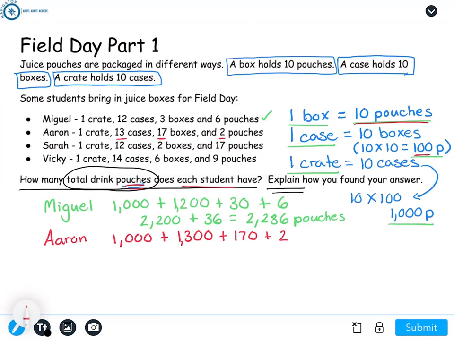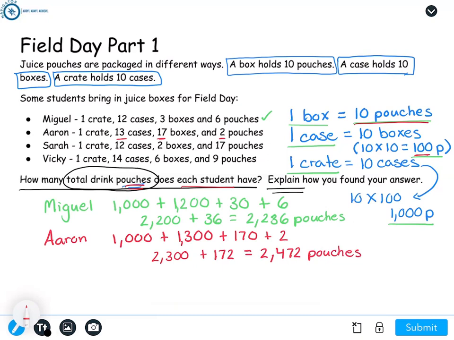So we have 1,000 plus 1,300, which is 2,300. Plus, we have 170 plus 2, so 172. And that's going to give us 2,472 pouches.